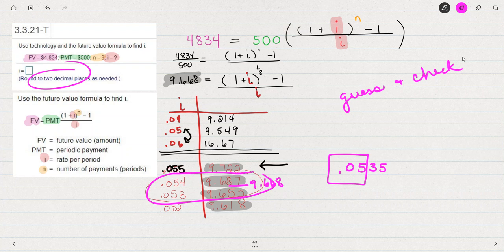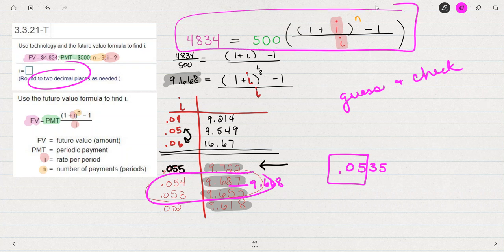You could also graph this equation. When we put the 8 in, we could graph this and get an estimate that way also. But without a graphing calculator, this guess and check on a scientific calculator works pretty easily.